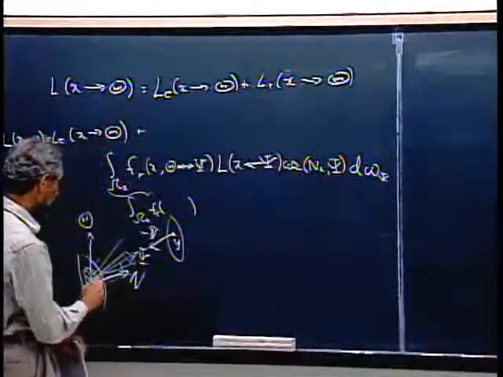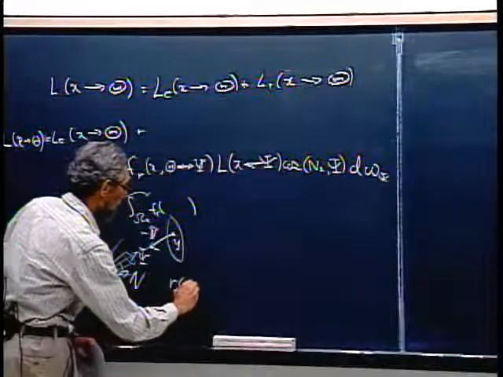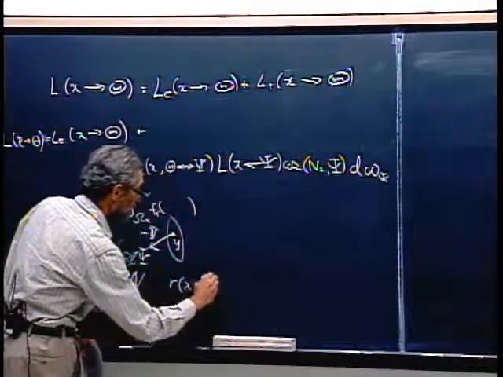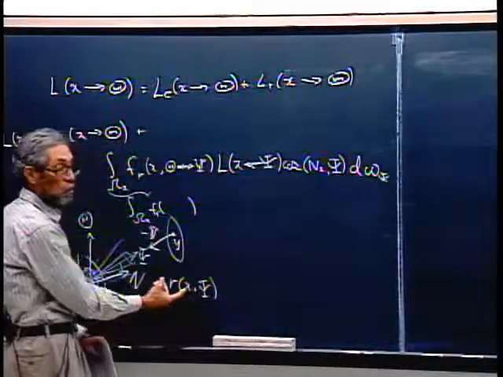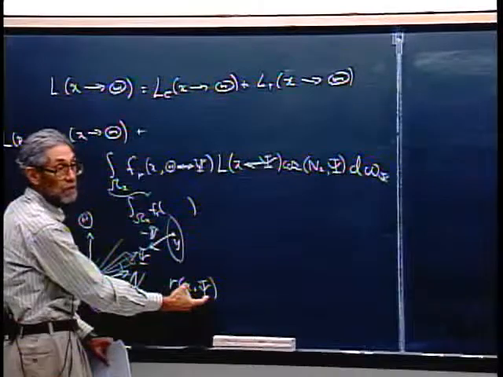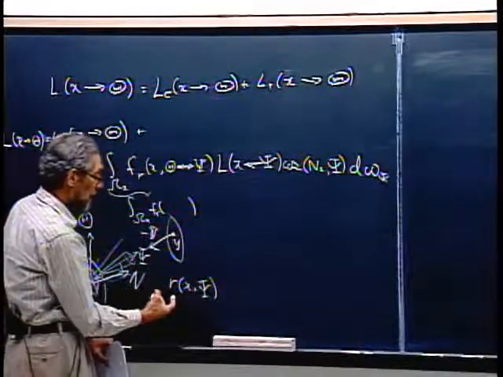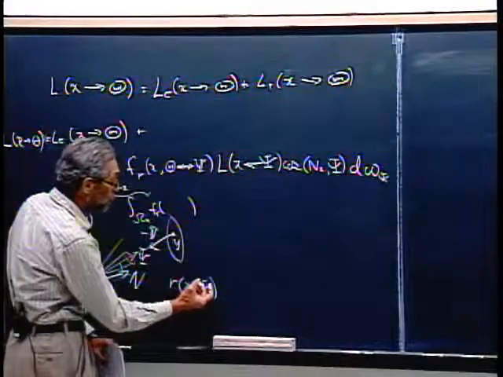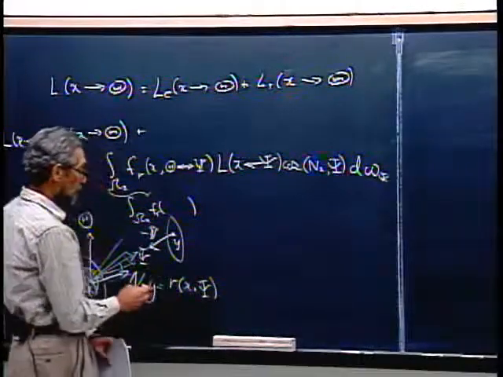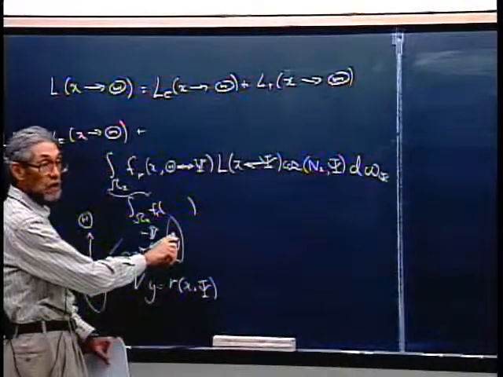We can take this ray with origin x, so r(x, psi) is the ray that starts out at x as its ray origin, and with this as its unit vector. And actually, this notation means more than that. This notation actually means the point y, the first point, if any, that the ray intersects another surface.